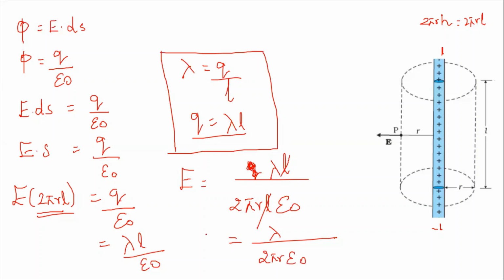And this electric field is a vector quantity. So put a direction vector n cap to indicate that it has a particular direction. For all vector quantities, indicating the direction is mandatory.